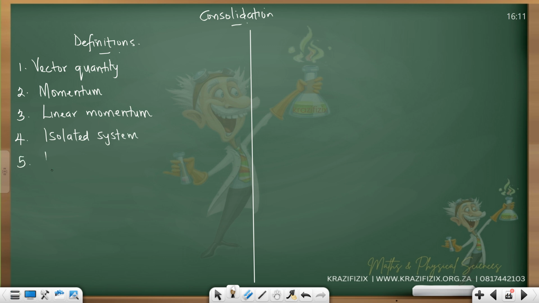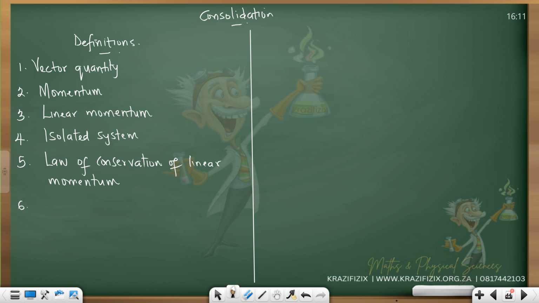Then number 5, we defined the law of conservation of linear momentum: in an isolated system, the total linear momentum is conserved.